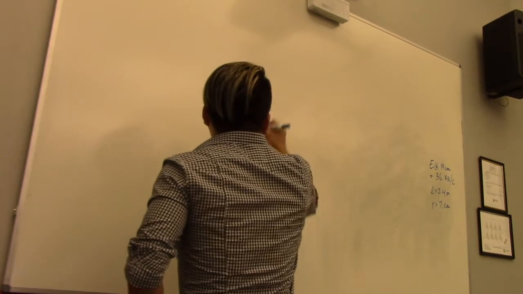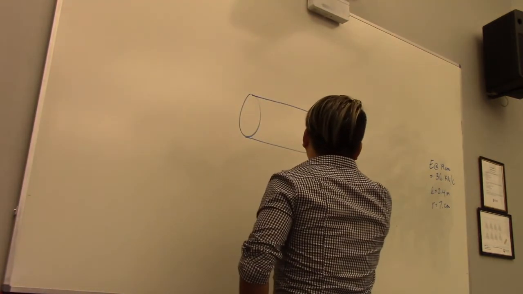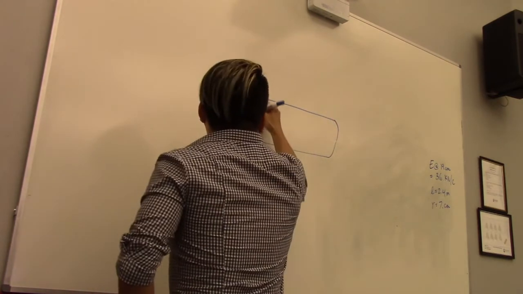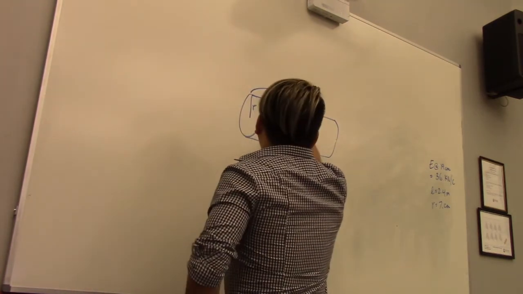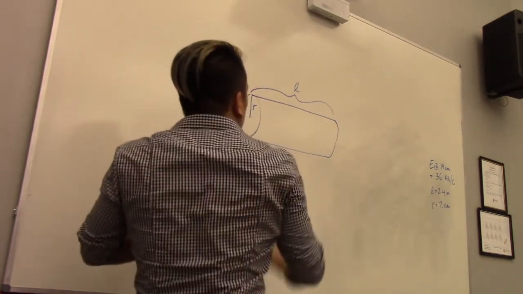Okay, let's draw this out. We have this going on. That's R, this is L, and the charge is uniformly distributed.